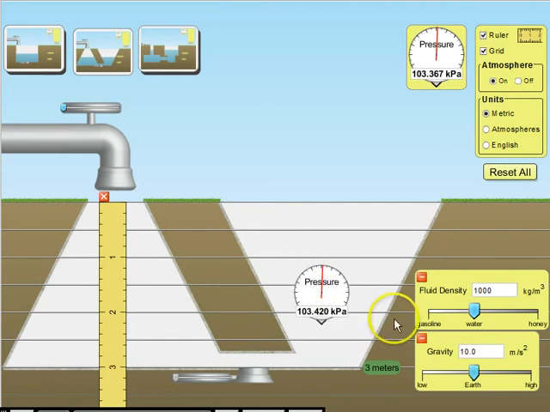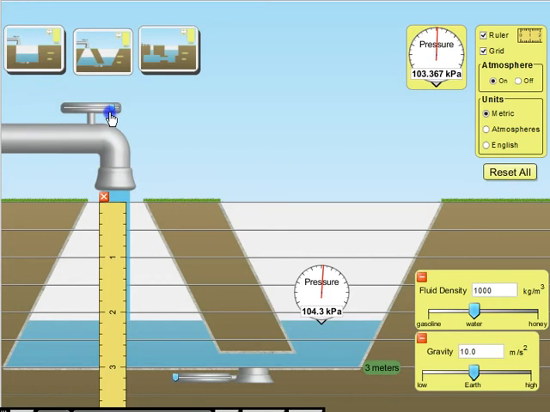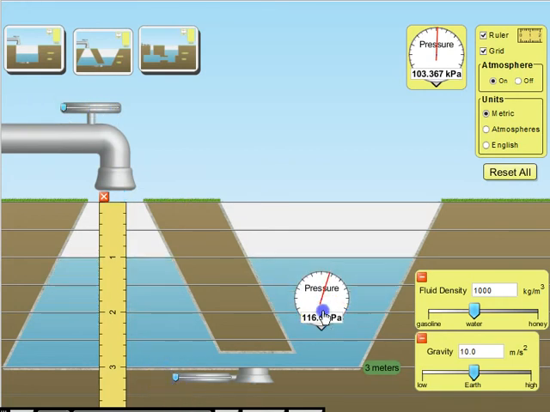Now I'm going to add water, say to the 1 meter mark. Now let's see the pressure. Pretty interesting stuff. The pressure is exactly the same, irrespective of this partition business. What does this tell us?